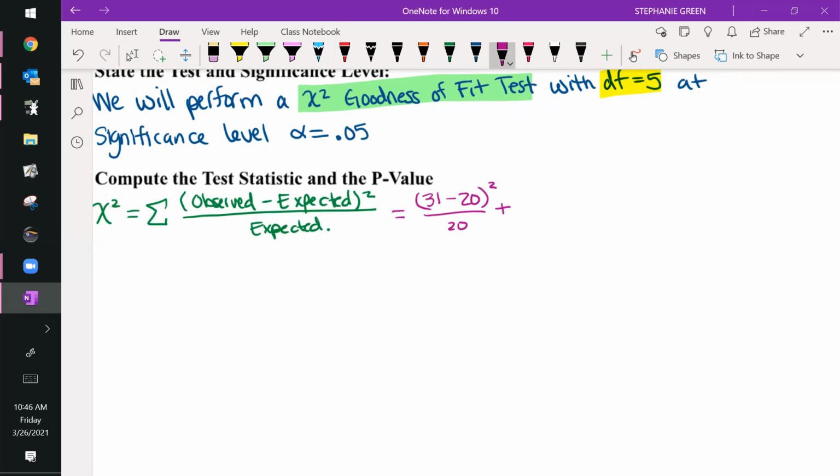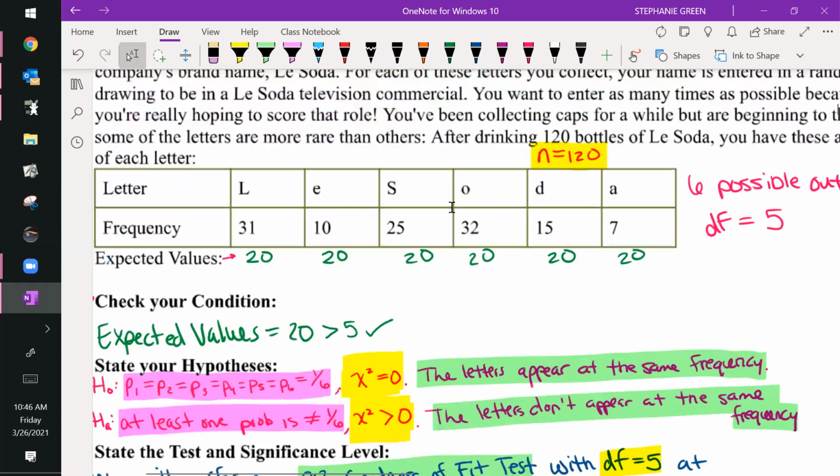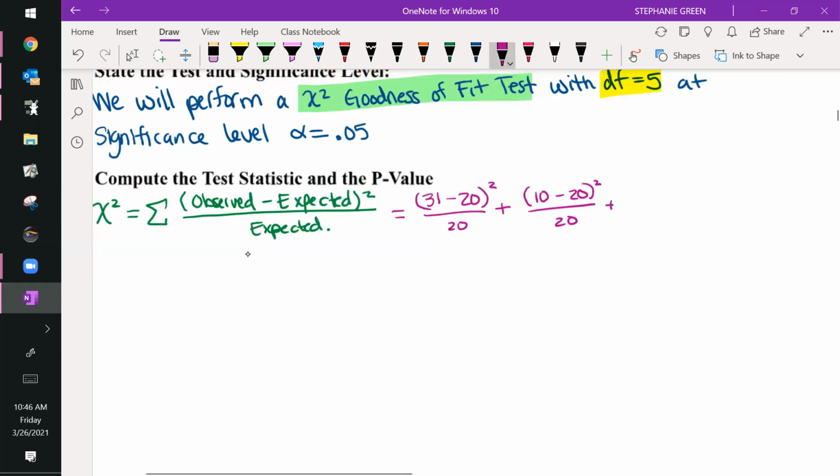So for E in Lesotho, we observed 10 and we expected 20. And again, these numbers are just coming from this table here. There's my observed in the actual table, and I wrote the expected right below to make it convenient. Now I'm going to add to that. For S, we observed 25. We expected 20.